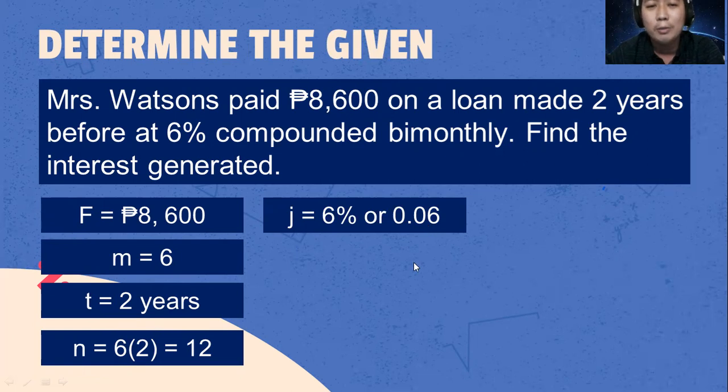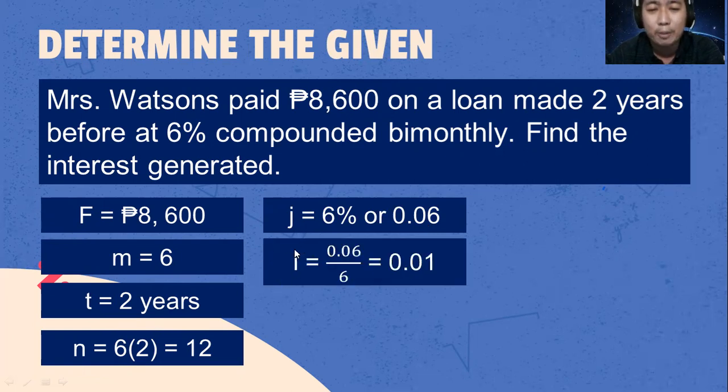And we are going to solve first the value for I, because this is the one that we are going to use, by simply dividing J by M. In order for us to get the value for I, we are going to divide J by M. 0.06 divided by 6, that is equal to 0.01.